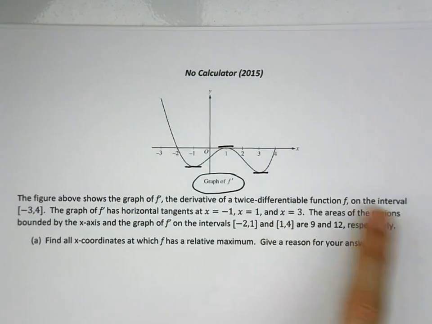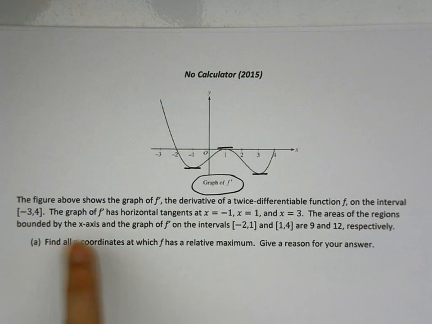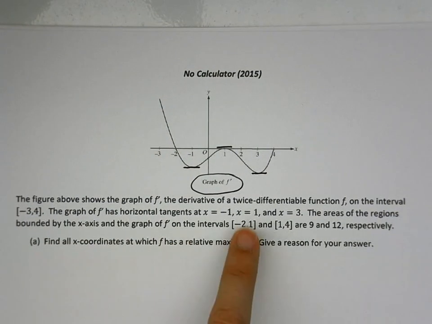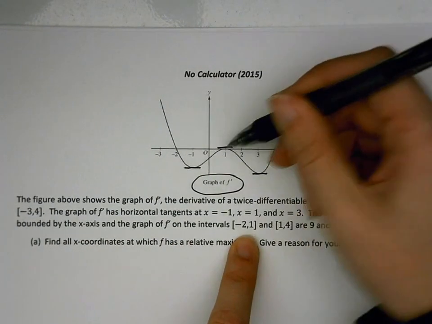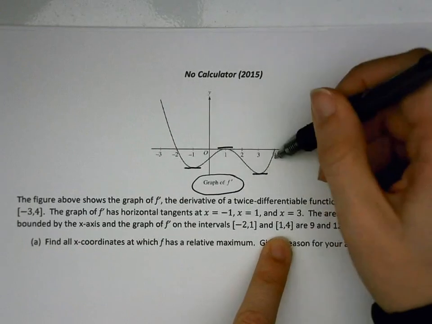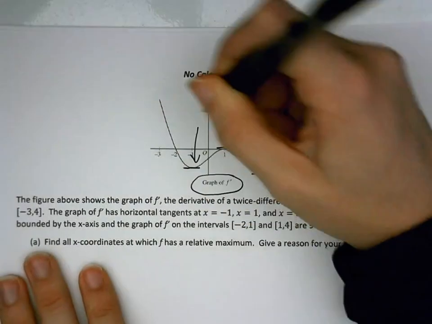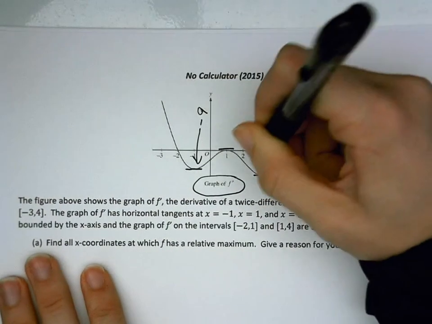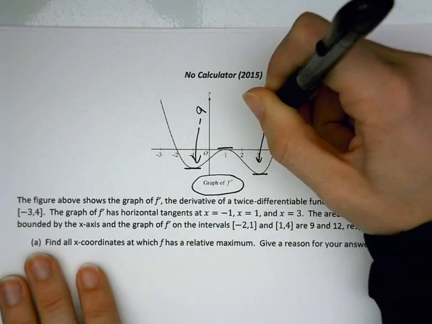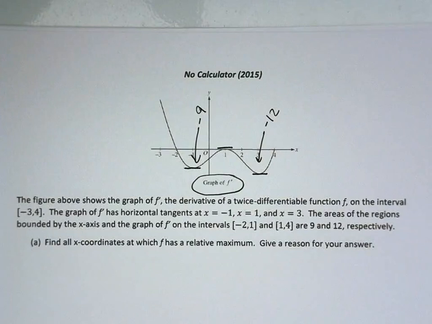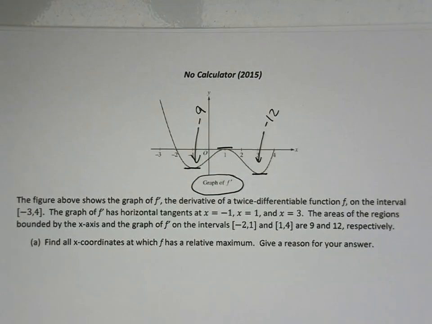The areas of the region bounded by the x-axis and the graph of f prime on the intervals -2 to 1, so this first one, and 1 to 4, the second one, are 12 and 9 respectively. And so we have to say, nope, that's not 9, that's -9. Nope, that's not 12, that's -12, because they're below the x-axis, and so when we are integrating them, we have to remember to make that negative. We talked about that back in Unit 3, right? Always think for yourself when it comes to the location on your graph.